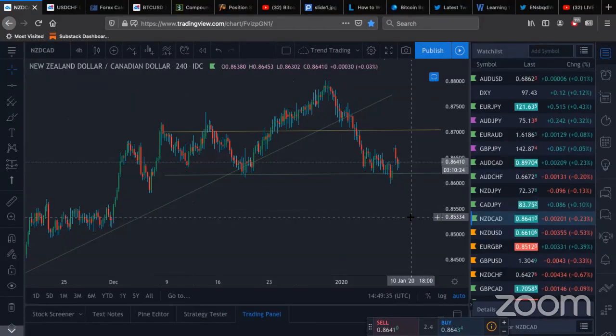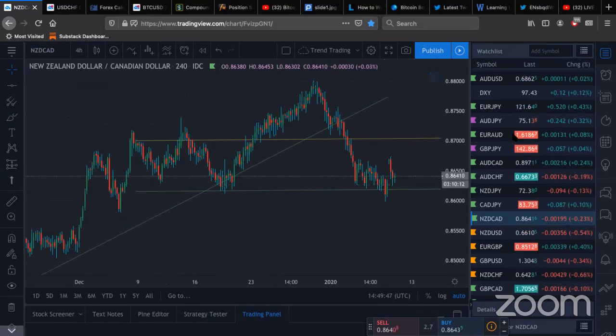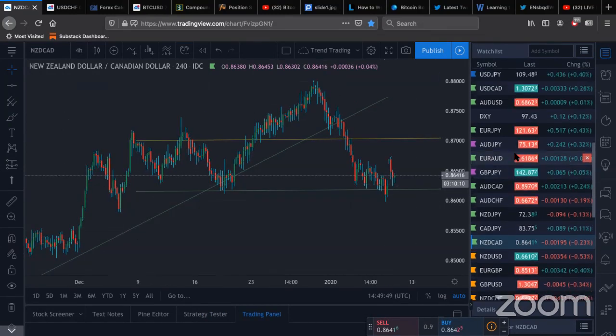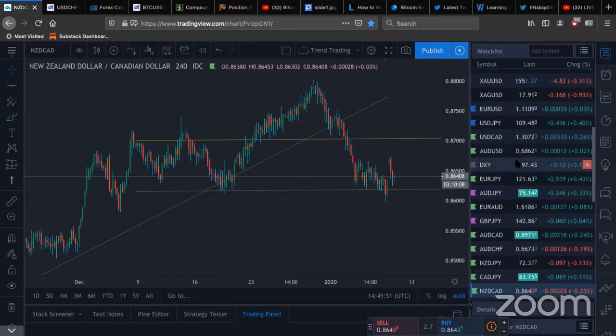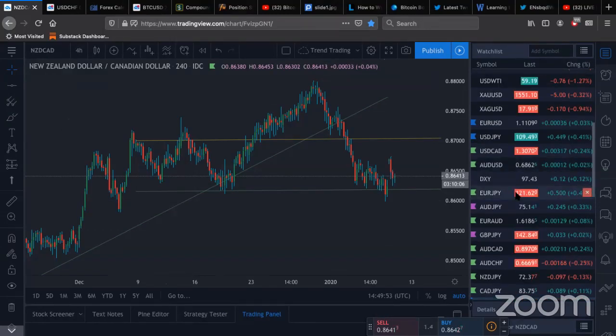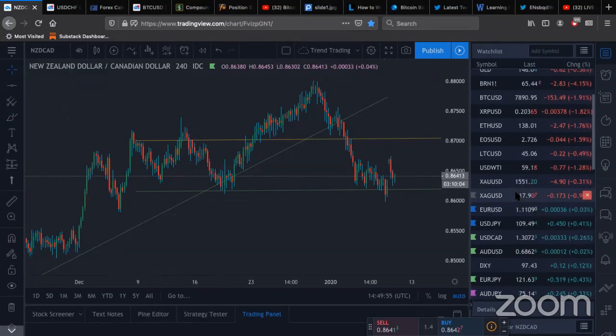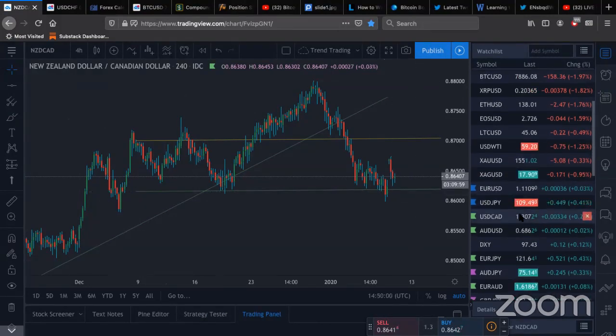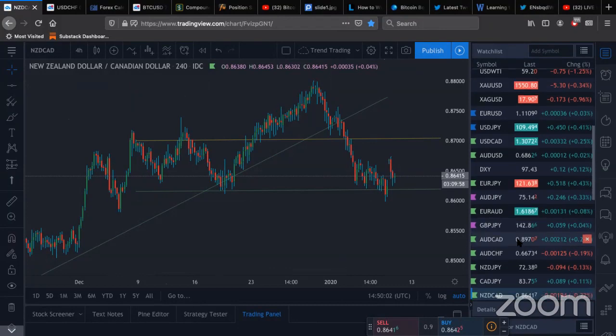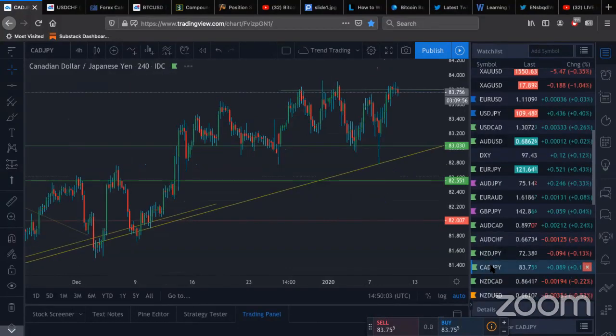Why I'm mentioning that and why that's important is, assuming that happens, that should be supportive of further yen weakness, right? Makes sense? That also should be supportive of further dollar strength, by the way. CAD's a strong beast right now. Yen is a weak one.